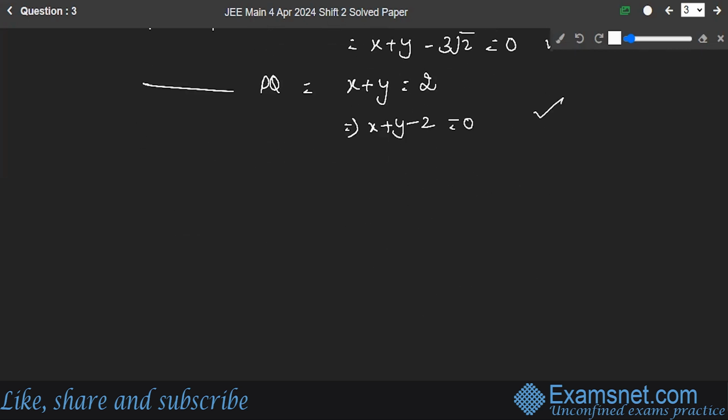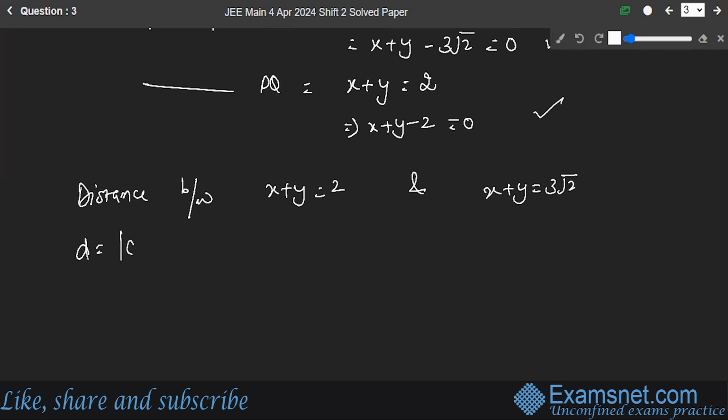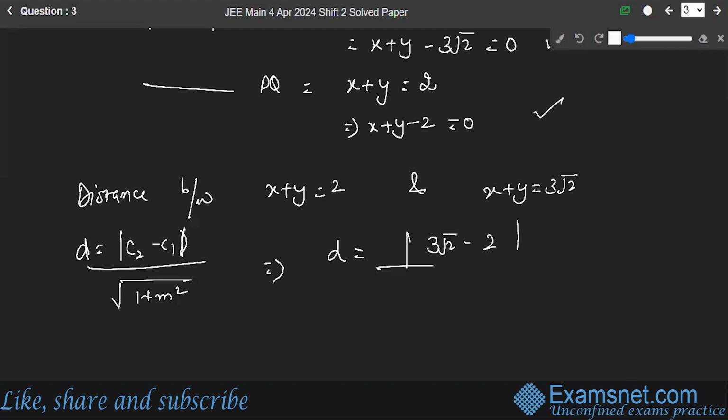Let's find out the distance between these two lines. The distance formula is given by C2 minus C1 divided by root of 1 plus m square. So D is equal to C2, which is 3 root 2, minus 2, over root of 1 plus, what is the slope?